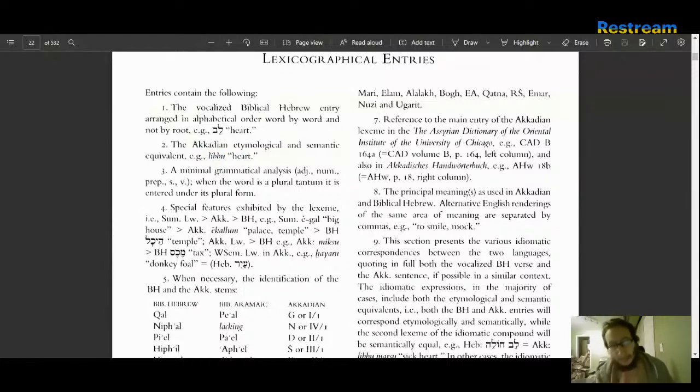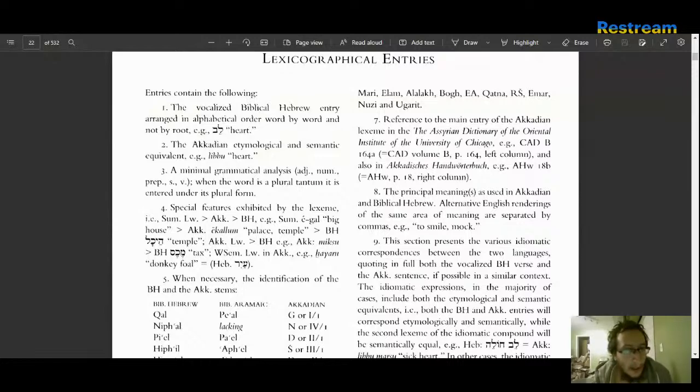And by the way, Akkadian basically always adds an extra syllable at the end, sort of like a case ending. So you'll see libu, but the actual word is lib, and u is just the ending that Akkadian adds basically to all different words.